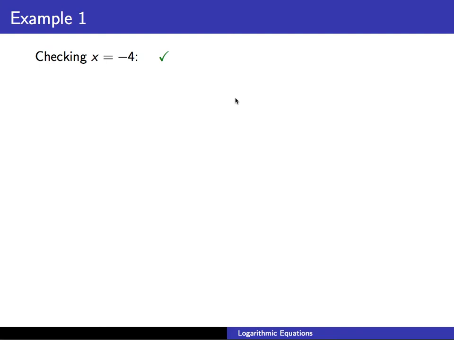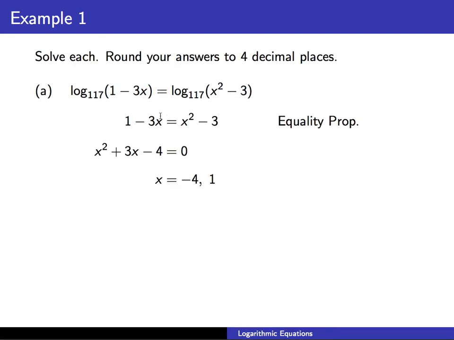Even though x came out to equal negative 4, when we plug it back in, we get log base 117 of 13. So 1 minus 3 times negative 4 is 13, which is okay. And likewise over here, negative 4 squared is 16, 16 minus 3 is 13. We get log base 117 of 13, which is okay. So we get log base 117 of 13 equals log base 117 of 13 when we plug in x is negative 4.